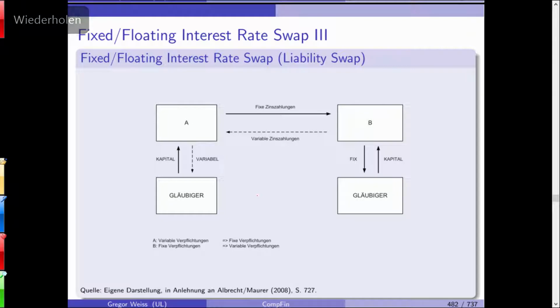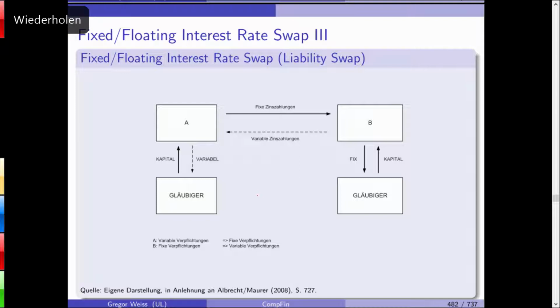In a liability swap, both parties have a loan and both pay out interest rates, but the first one is paying variable interest rates, the other, B, is paying fixed interest rates, and they want to swap those interest rates. So both interest rate payments are actually liabilities. They have to pay variable payments and fixed payments, and they are swapping them.